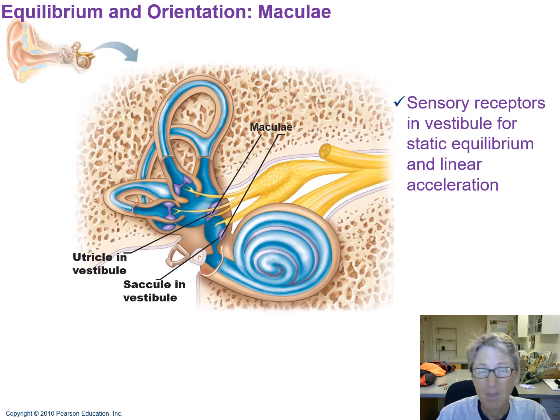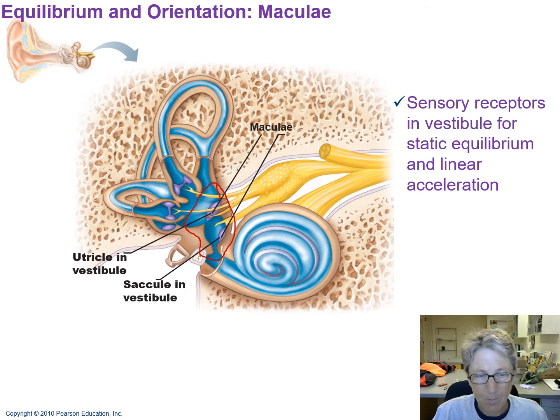So now we're in the vestibule. On this slide we're talking about the vestibule. So this is all vestibule. Vestibule just means, I think it's Latin for opening. So you have these sensory receptors in the vestibule for static equilibrium and linear acceleration.